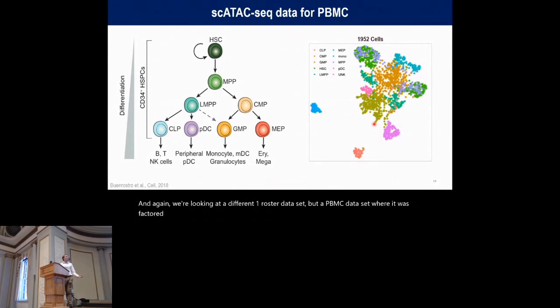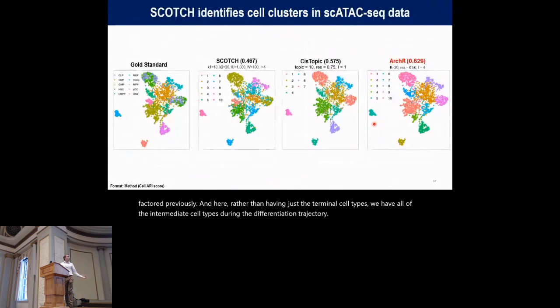And here, rather than having just the terminal cell types, we have all of the intermediate cell types during the differentiation trajectory. We've clustered our data using SCOTCH and the previous methods, and again, we can see that these clusterings relatively reflect the gold standard cluster identities. Here, Archer is performing the best according to the cell ARI, but the other 2 methods are performing slightly worse, just due to some splitting of some additional clusters.